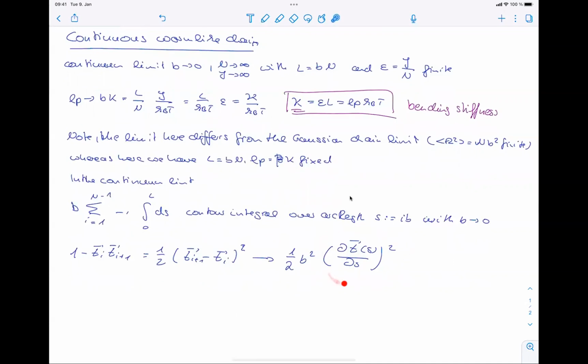This has a physical meaning. For a curve in space, this is the square of the local curvature, the inverse radius of curvature squared.